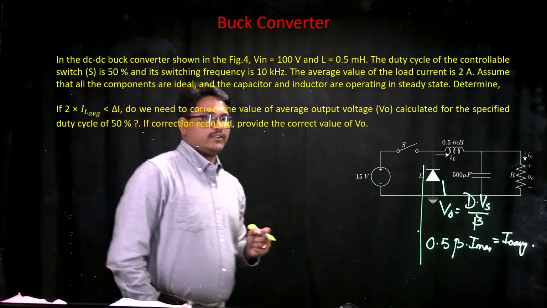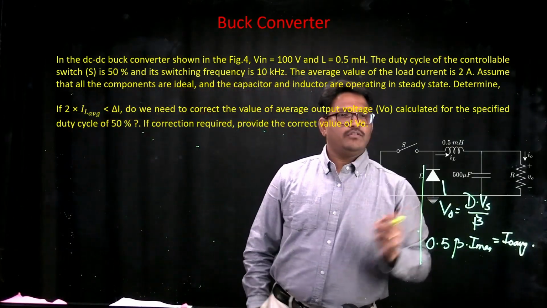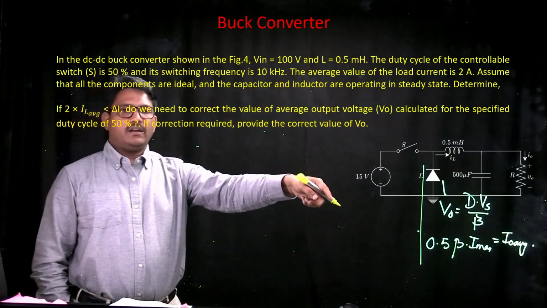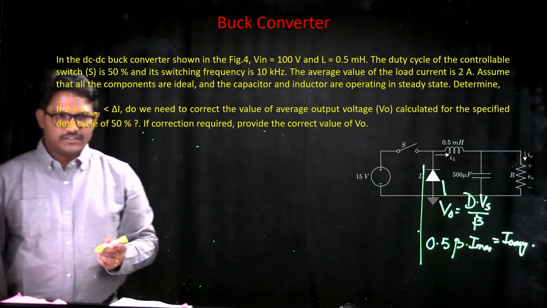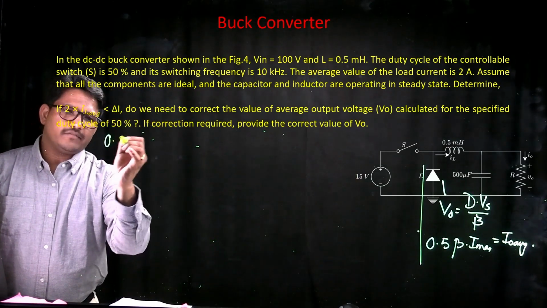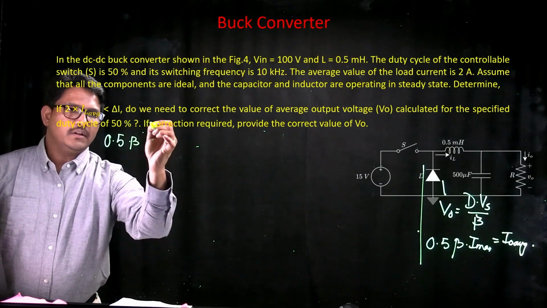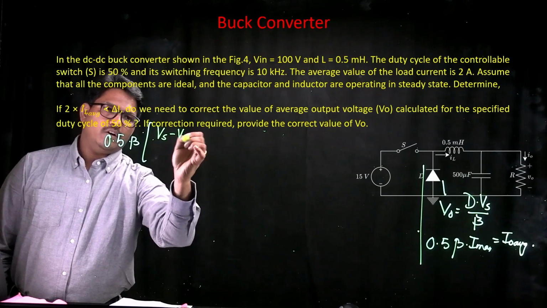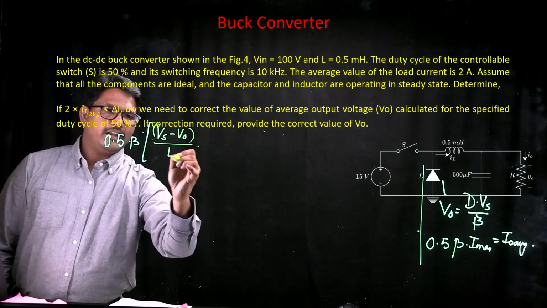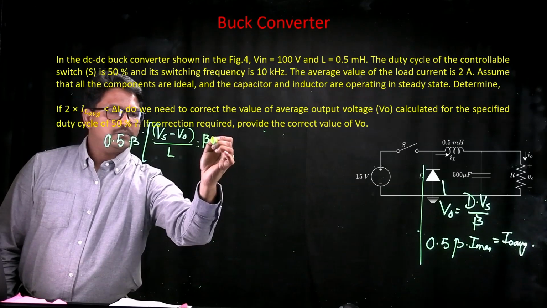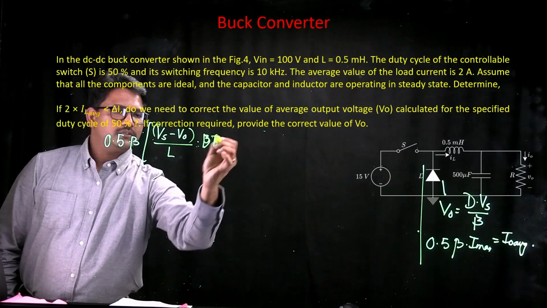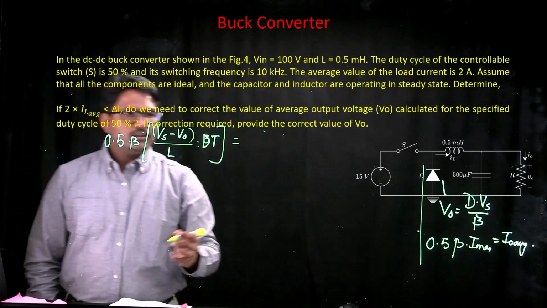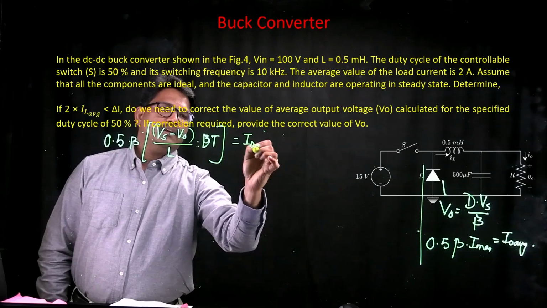In order to get the correct value of output voltage, we need the value of beta, where beta can be calculated using 0.5 times beta multiplied by Imax is I naught average. Now, that 0.5 times beta multiplied by Imax is nothing but (Vs minus V naught) upon the value of inductance multiplied by beta times dt times, which is the value of Imax, which is equal to I naught average.